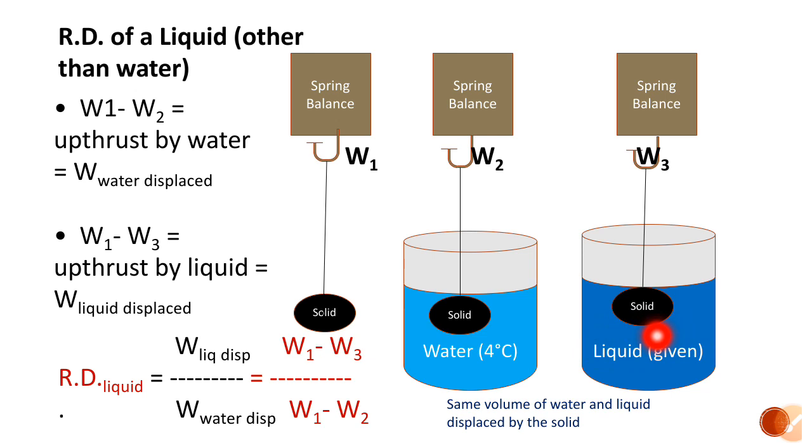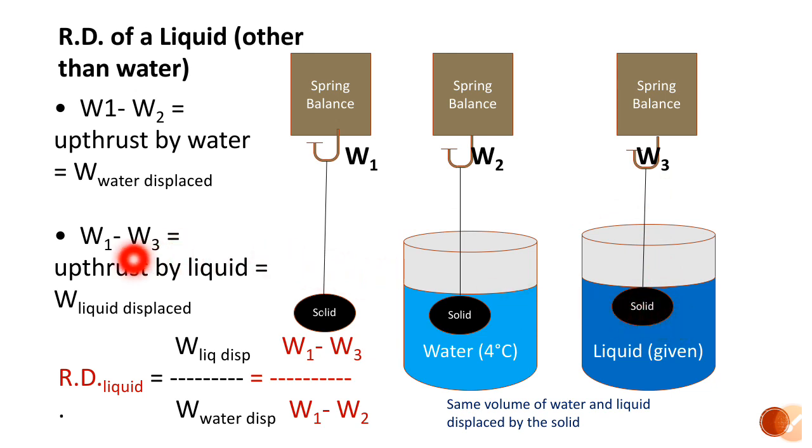So here W1 minus W3, where W3 is the weight when the solid is taken inside the liquid.